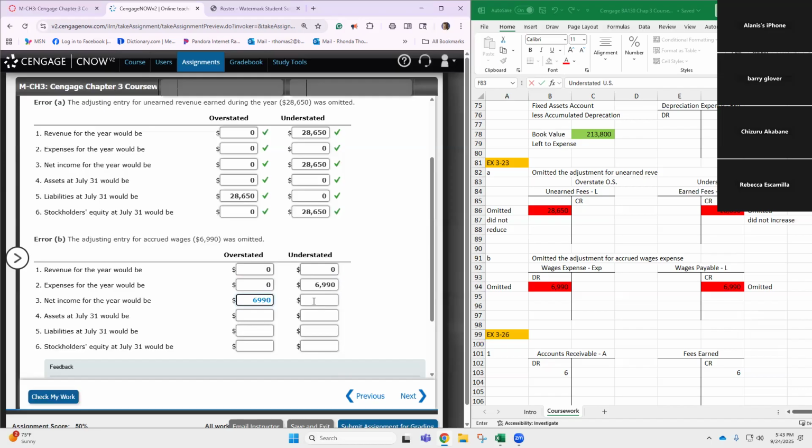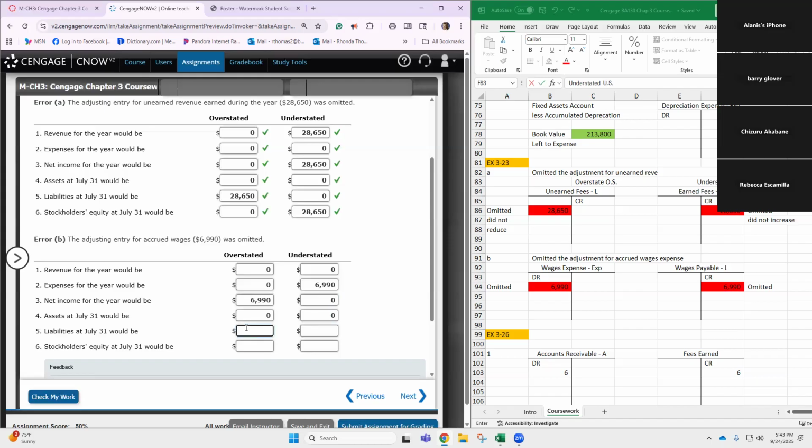I had a hard time with that. This did not affect assets. It affected a liability, so 0 for assets. By the way, their end date is July 31st, so they have a fiscal year. If they end on July 31st, their beginning of the year is August 1st. Liabilities, right?